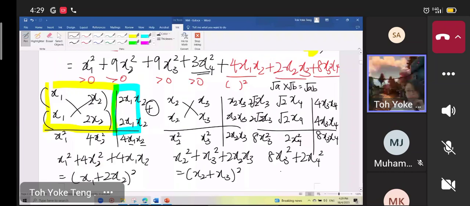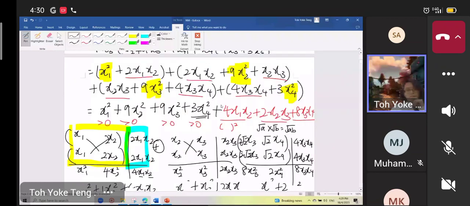Which equals 2 square root 2 x3 plus square root 2 x4 squared. Just the same thing, write it in bracket form. So I want to share with you. Okay, so up to you if you want to gather the information first, it's also acceptable.